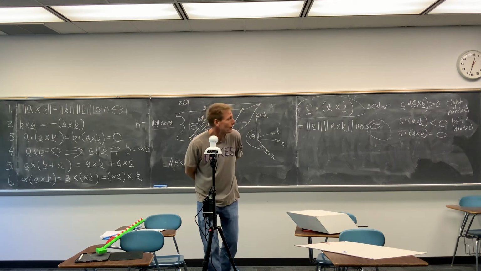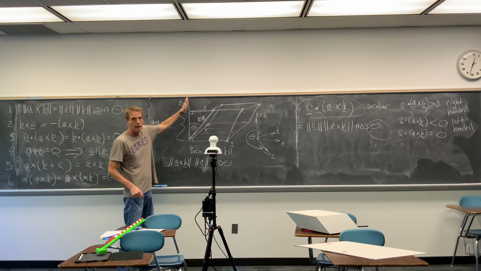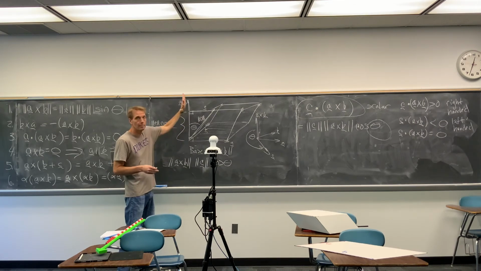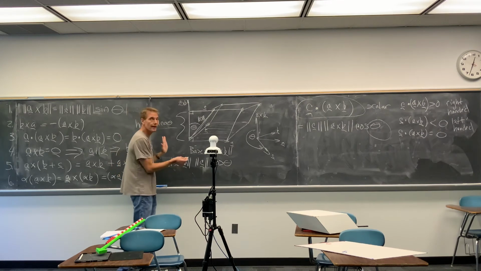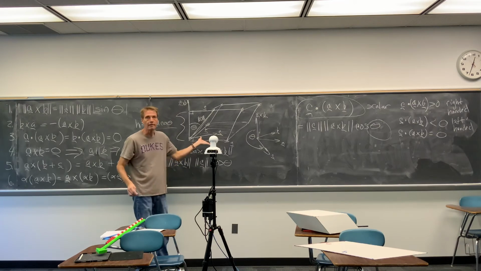They're perpendicular. So if I'm thinking about this, here's my A cross B vector, and if it's perpendicular to C, then it's got to lie in the plane. Do not mess up your drawing.